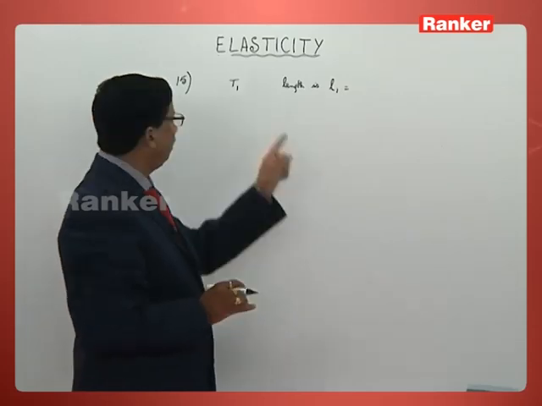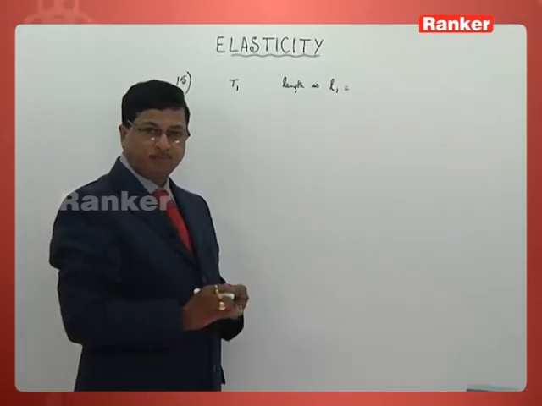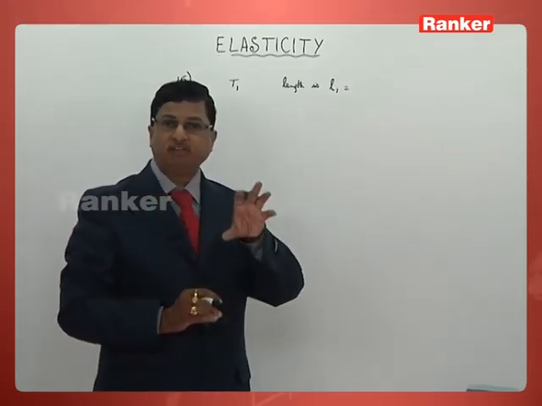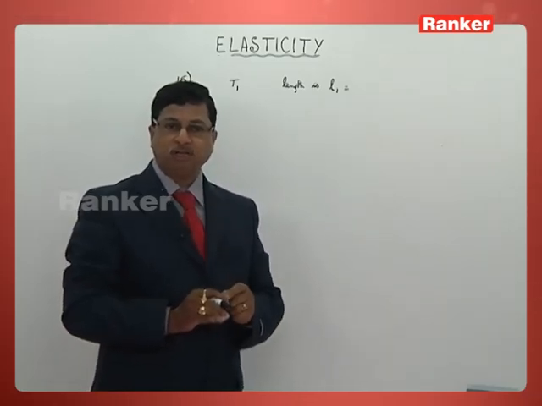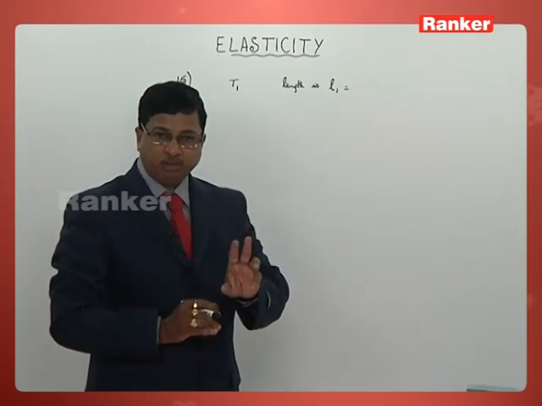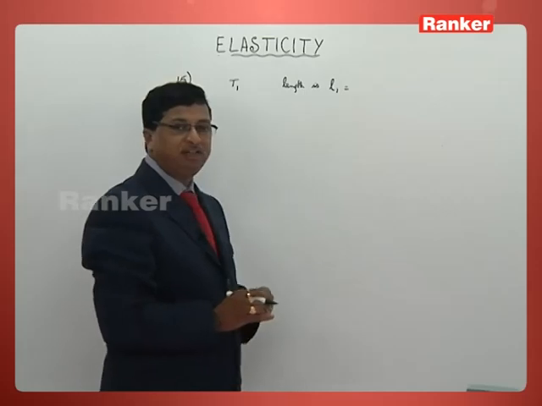When you attach some weight to the end of that string to produce a tension T1, certainly that string is going to be elongated. That elongation plus the original length of the string put together is L1.